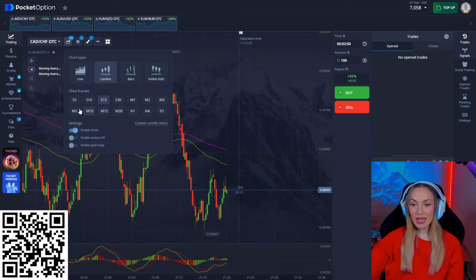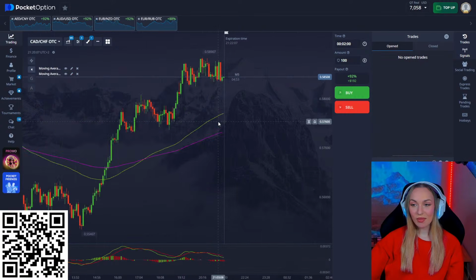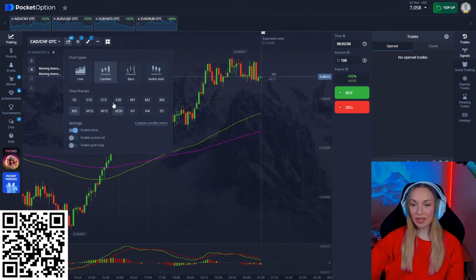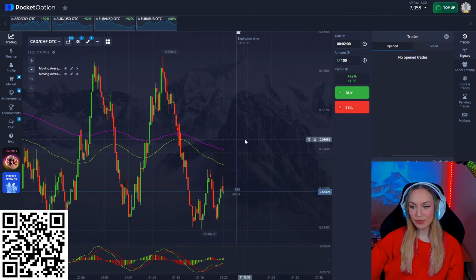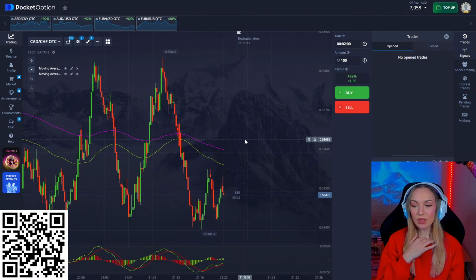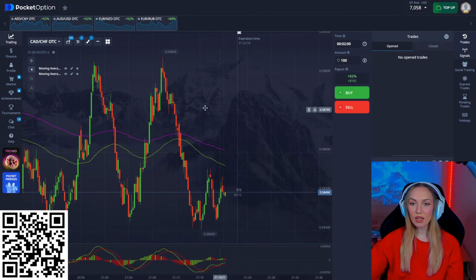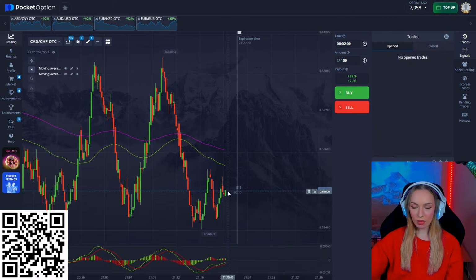Just 3 minutes on 50 seconds time frame, which I think it's kinda risky. But AUD USD made me feel kinda brave. But we'll see. For now, I wouldn't open because it feels like it got stuck here.